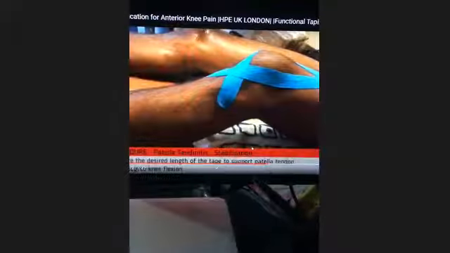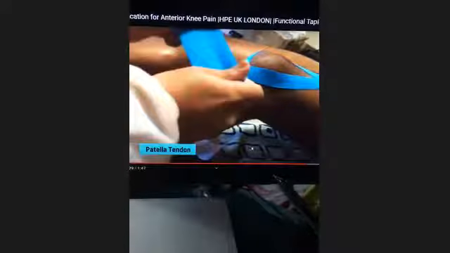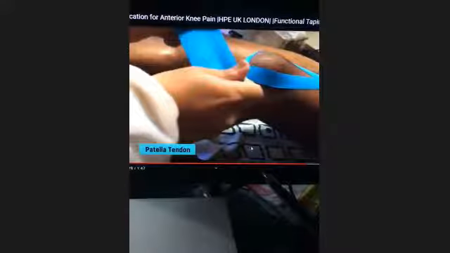So you cut the desired length of the tape according to the circumference. You round the edges, how I showed you earlier. You remove the paper backing from the center, cover it on either side, and now see, you have to give a thrust. If you just apply it on the skin, the patella will still have some ability to move inside.